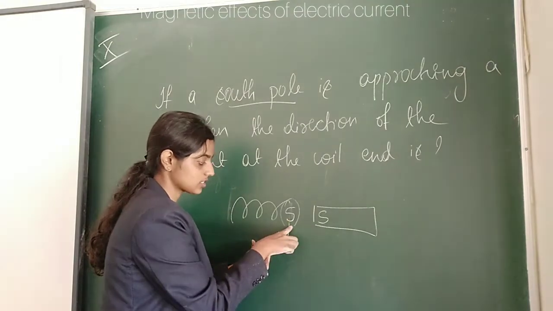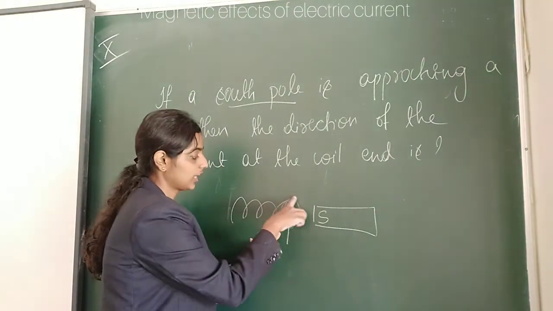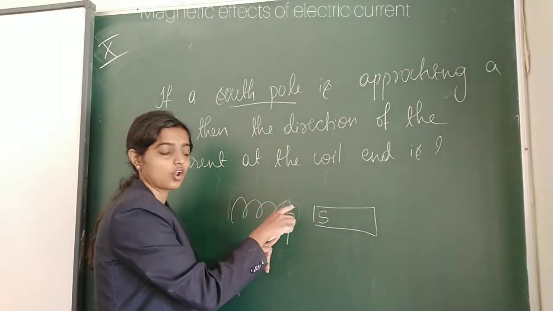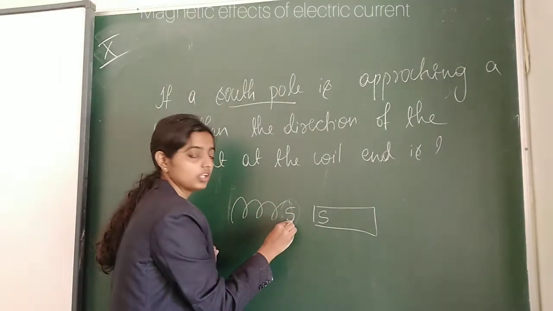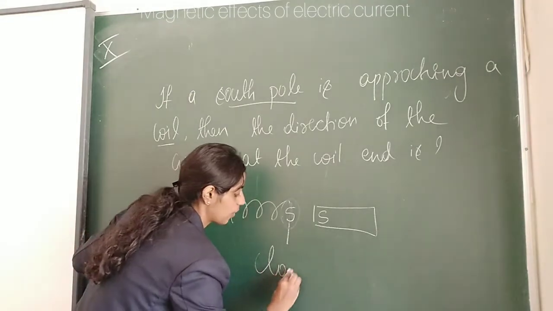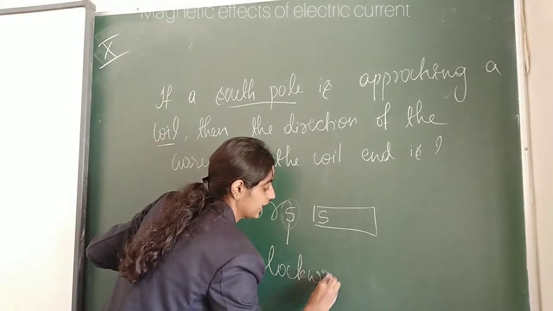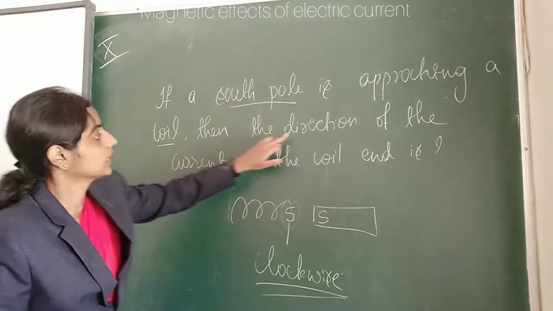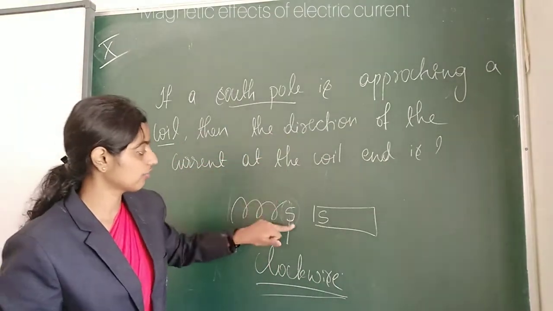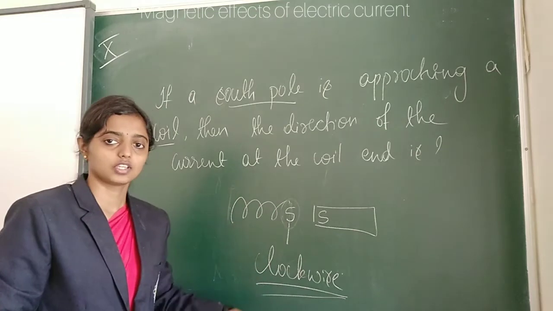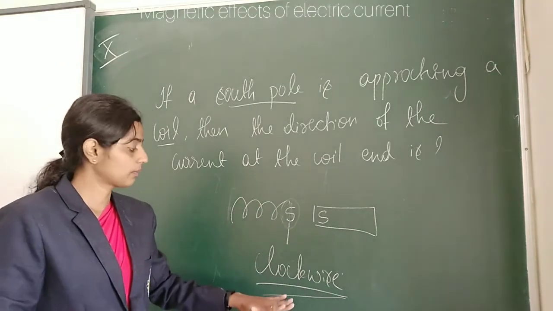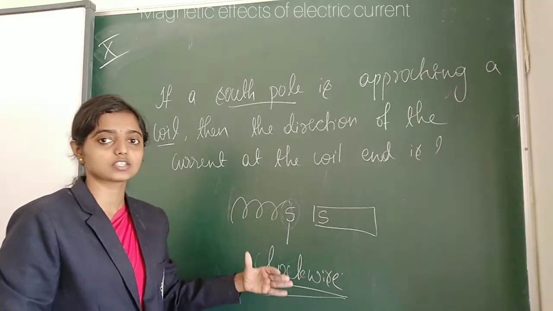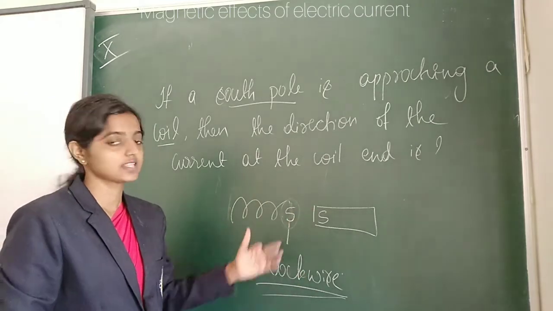When it acts as a south pole, what is the direction of current here? Now use the clock rule. If it is a south pole, it will be clockwise direction. The answer is the direction of the current at the end of this coil is clockwise. Now I hope you understood what type of multiple choice question you will get, and based on the clock rule and Lenz's law, how you should answer that one.